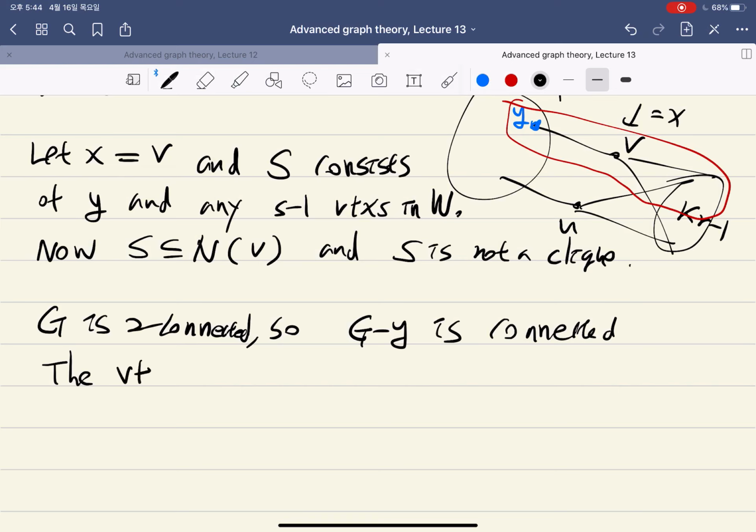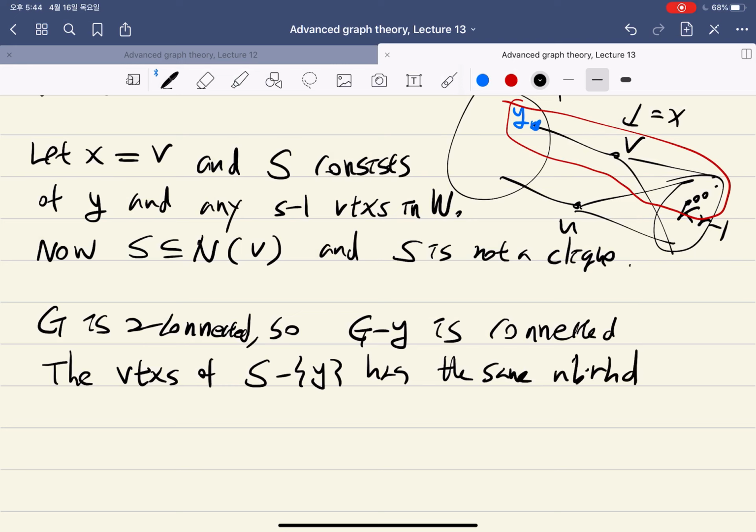The vertices of S minus Y have the same closed neighborhood. Closed neighborhood is the neighborhood together with its own vertex.